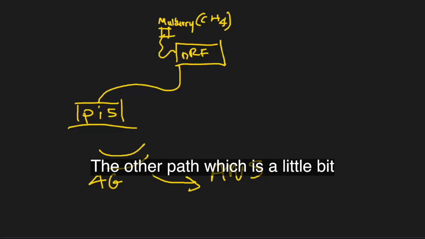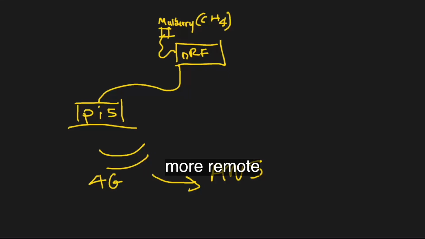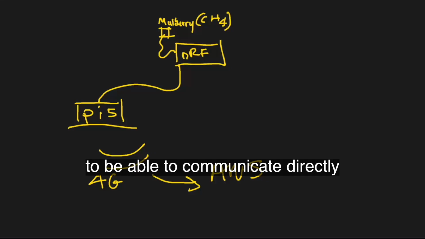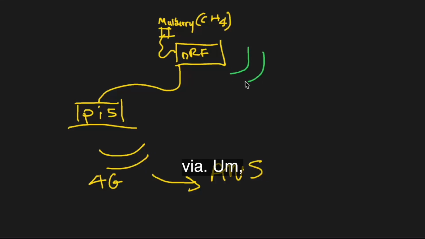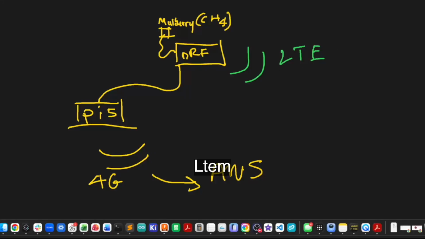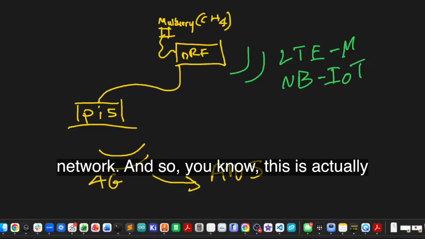The other path, which is a little bit more remote sensing friendly, is to communicate directly via LTE, essentially LTE-M or NB-IoT networks.